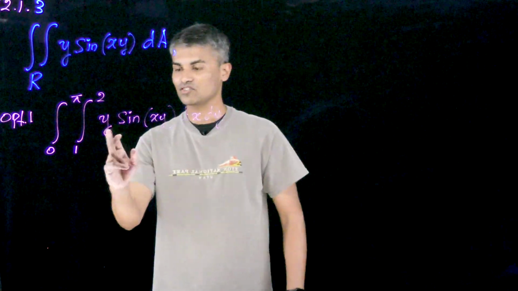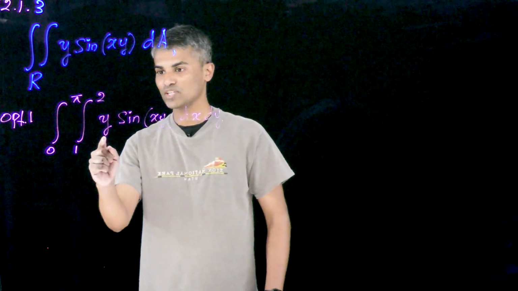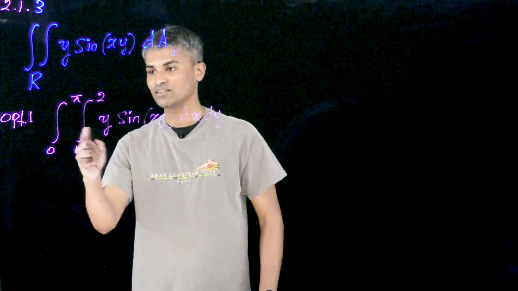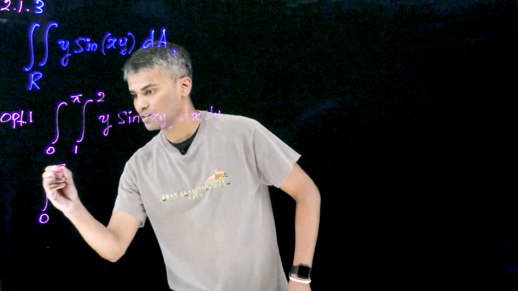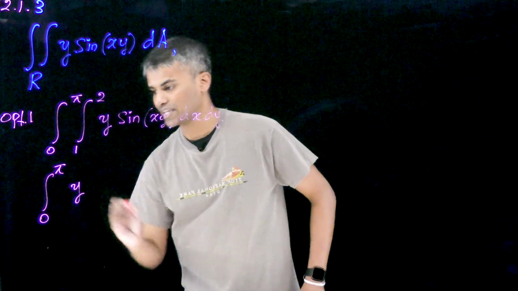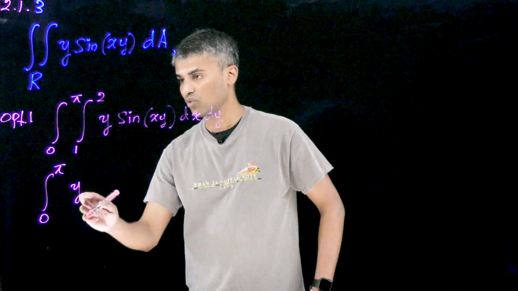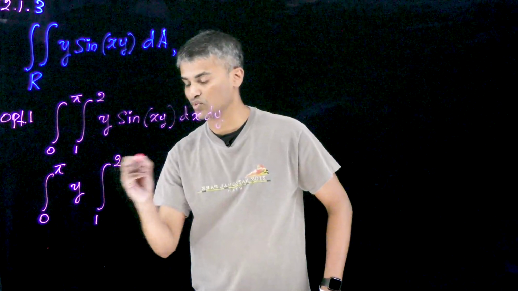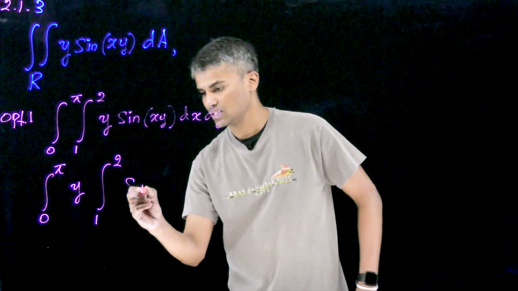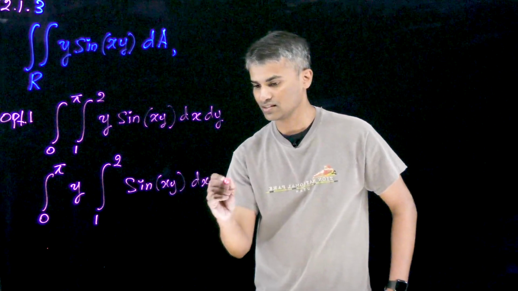Now, here we have a product of two functions, y times sine of xy, and what we can do is pull out this y from the first integral. Then you will get integral from 0 to pi of y times integral from 1 to 2 of sine of xy dx dy.